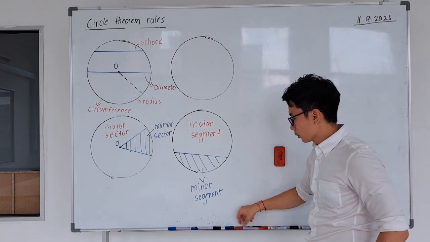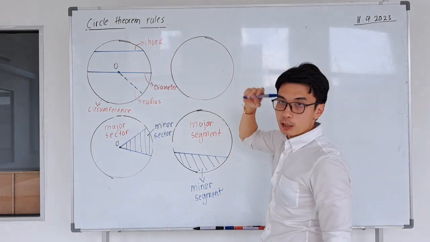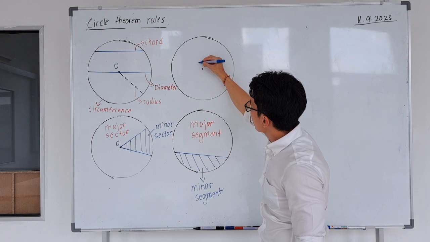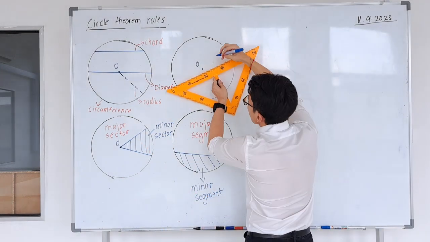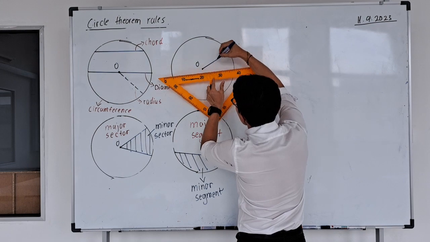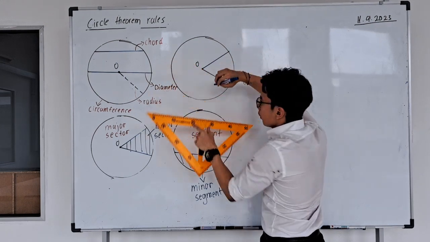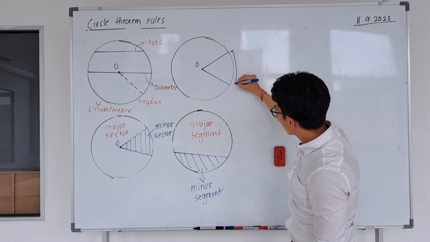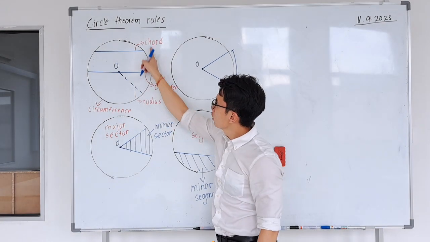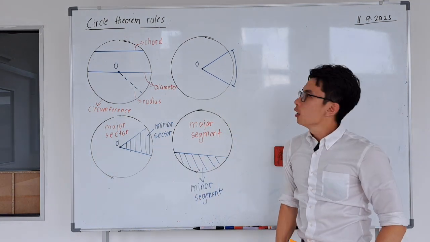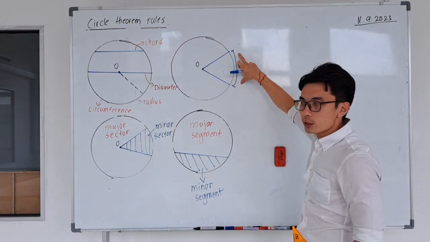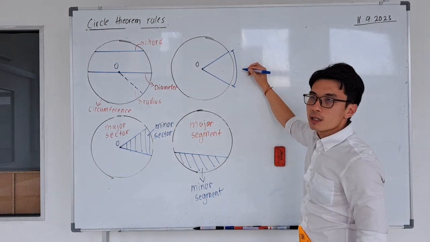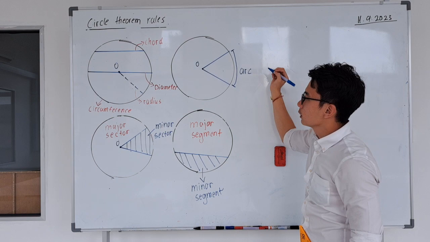And finally, of course, for this part over here, if I were to draw my radius again from the center, I would like to name this part over here. For the whole thing, we call it the circumference. But if I'm interested to refer to this small part of the circumference, we call this an arc, A-R-C.